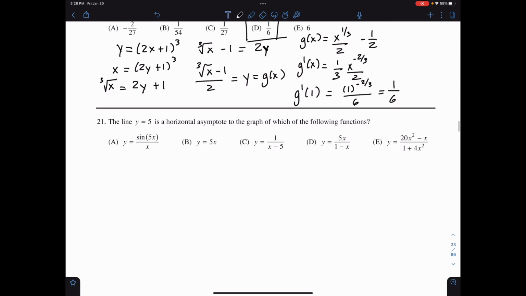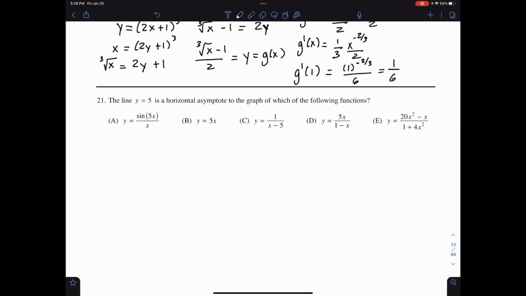We have the line y equals 5 is a horizontal asymptote to the graph of which of the following functions. So here we're being asked to find a horizontal asymptote. And if you remember, horizontal asymptotes have this shape where a line approaches some horizontal value, right? So it could be something like that. The key unique feature about a horizontal asymptote is that as x approaches infinity, negative or positive, the function will approach that asymptote.